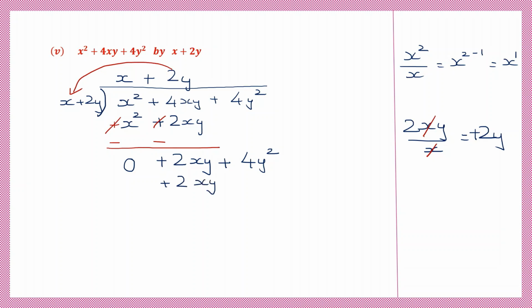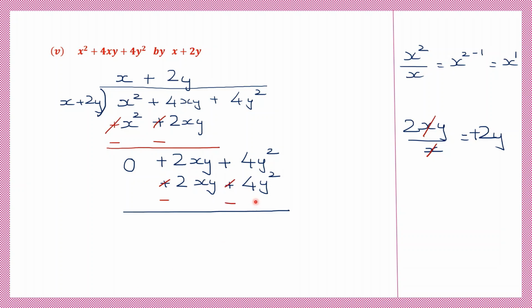Now I need to multiply plus 2y into plus 2y. So the sign is plus, 2 2s are 4 and y to the power of 1 plus 1, which is y squared. So the multiplication is over. Now I need to subtract, so plus will become minus, this plus is also minus.